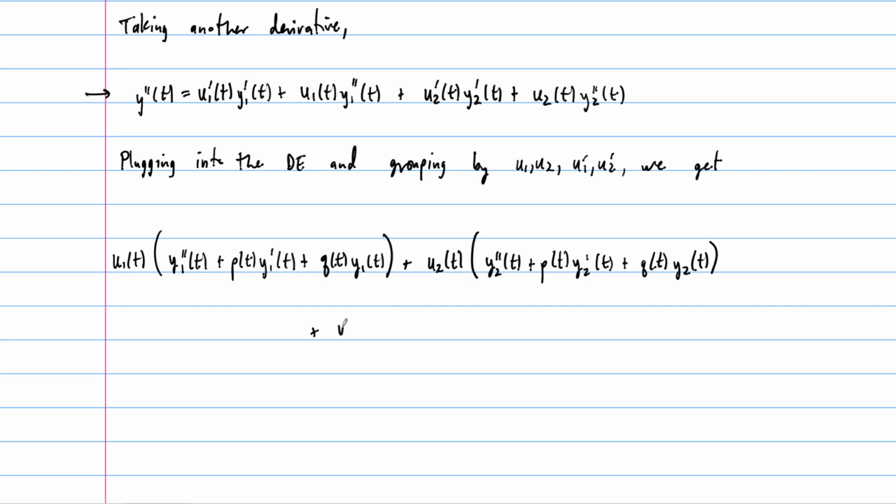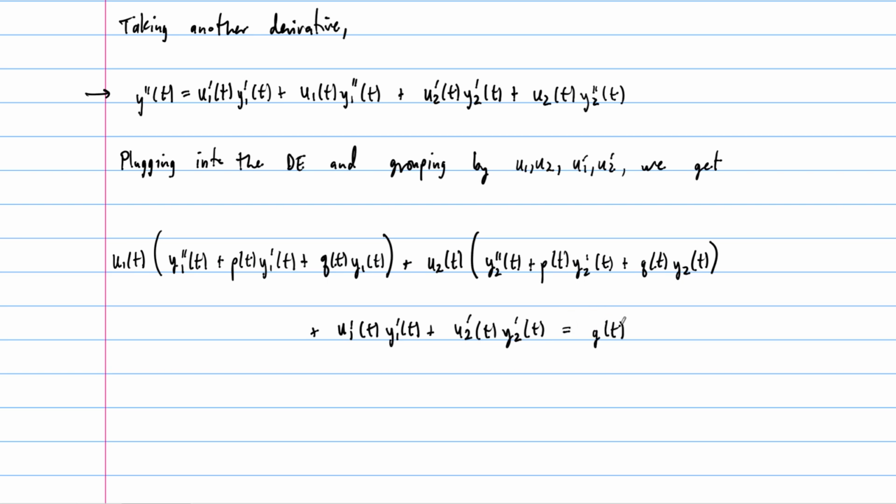The next few terms are u1 prime of t times y1 prime of t plus u2 prime of t times y2 prime of t, and then the right hand side is of course g of t.